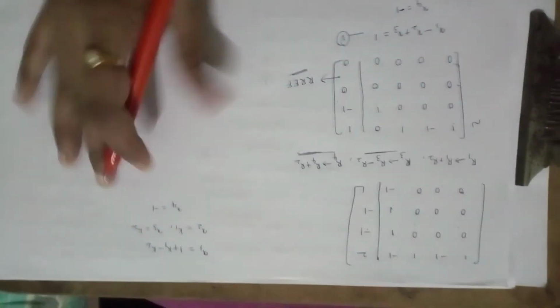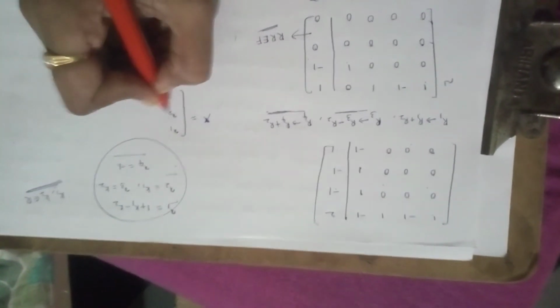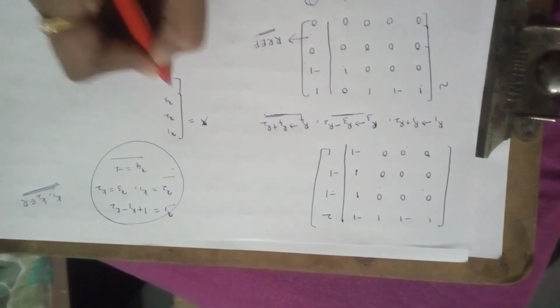So now we have to write down these values here. k1 comma k2 belongs to the real number set. So this has infinite solutions. Why? Because k1 comma k2 belongs to R. This has infinite solutions. So now I am writing x is equal to x1, x2, x3, and x4.